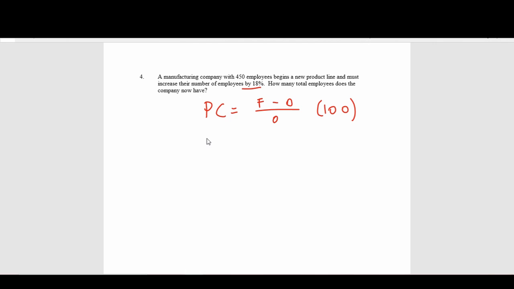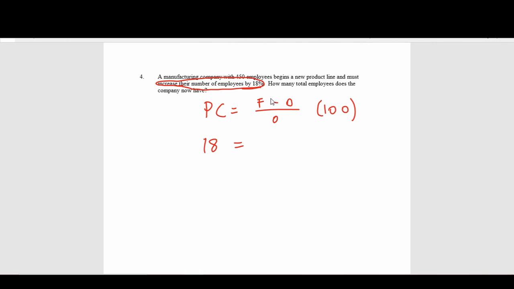So again, percent change. Let me go back a little bit. The percent change is going to be 18%. This question says they want to increase the number of employees by 18%. Okay? So that's going to be 18 for percent change.